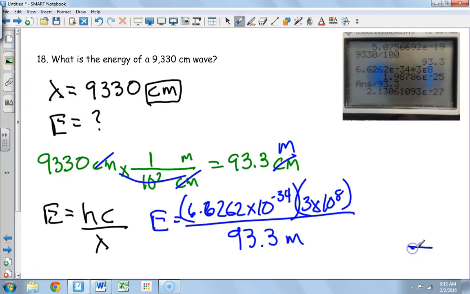By doing that, I get the energy equals 2.13 times 10 to the negative 27. That's in joules, and that's how much energy one photon has at this wavelength.